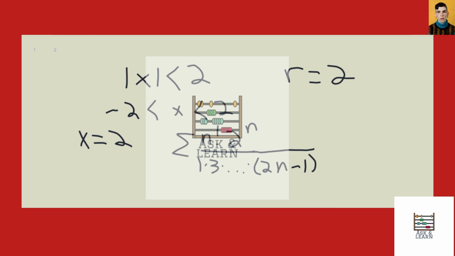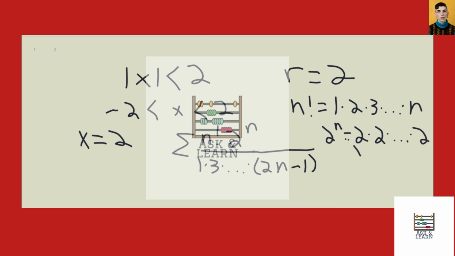Remember what n factorial is: 1 times 2 times 3 times dot dot dot times n. 2 to the n is 2 times dot dot dot times 2, where we have n different copies of 2 here. So if we multiply n factorial by 2 to the n, we can do 1 times 2, 2 times 2, 3 times 2. Each one of the factors in this product can be multiplied by one of these 2's.